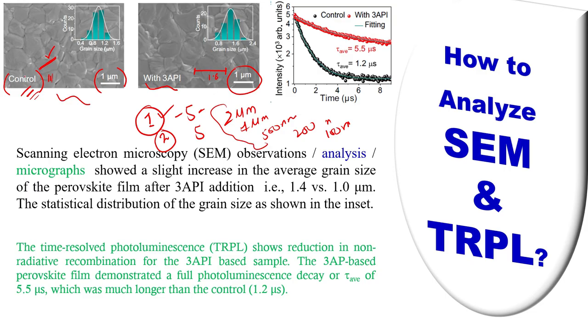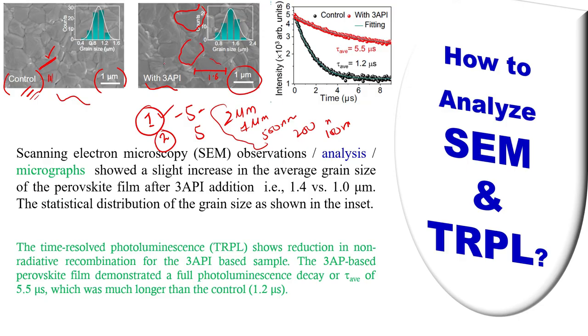We can see here that there are grains, but the grains are smaller in size. But when we add this, we can see that the surface morphology changes. You see this one is also a very large grain, and this one is also a very large grain. Similarly, this one.